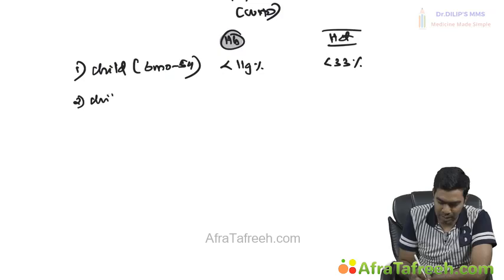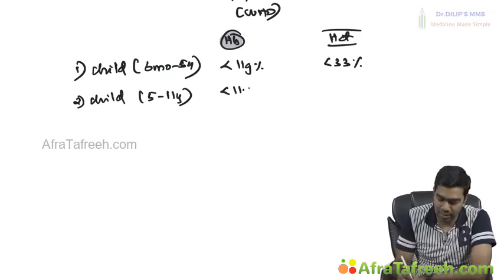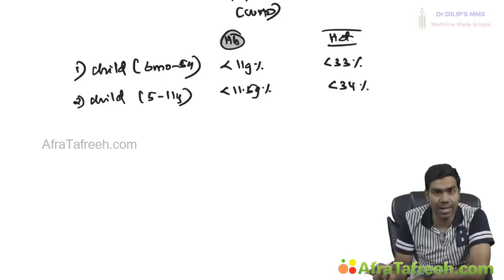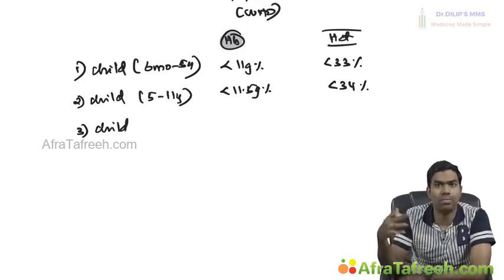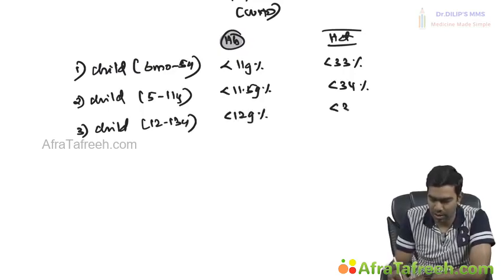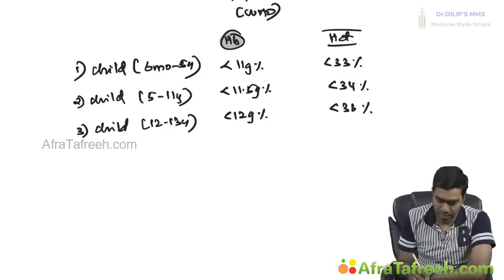Similarly, if it's a child in the range of 5 to 11 years, if it is less than 11.5 grams per deciliter or less than 34%, you can call it anemia. Similarly, if the child is in the growth spurt period, that is 12 to 13 years, if the hemoglobin is less than 12 grams per deciliter or less than 36%, you can call it anemia.